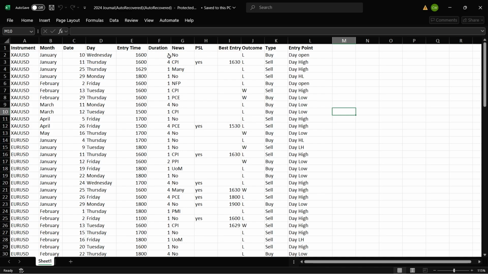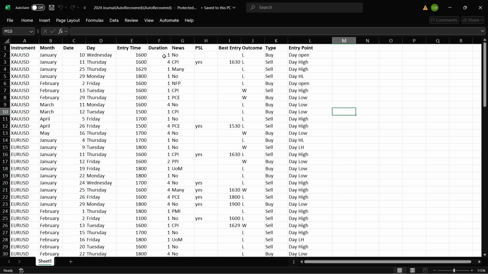Duration 1. This is how long I was in the trade, because for my system and how my trades work, it's important to take note of how long you are in the trade, to show you if a trade takes too long to hit take profit or too long to hit the stop loss, right?